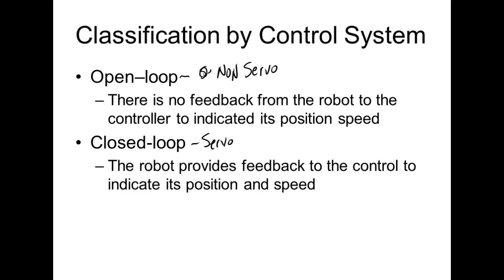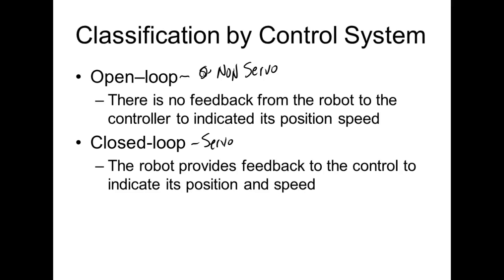There's some sensor somewhere. Your controller says go this fast, and the sensor says this is how fast I'm going. If you say go 50 miles an hour and it says I'm going 40, then the controller would adjust for that, right? Because now it's got feedback.